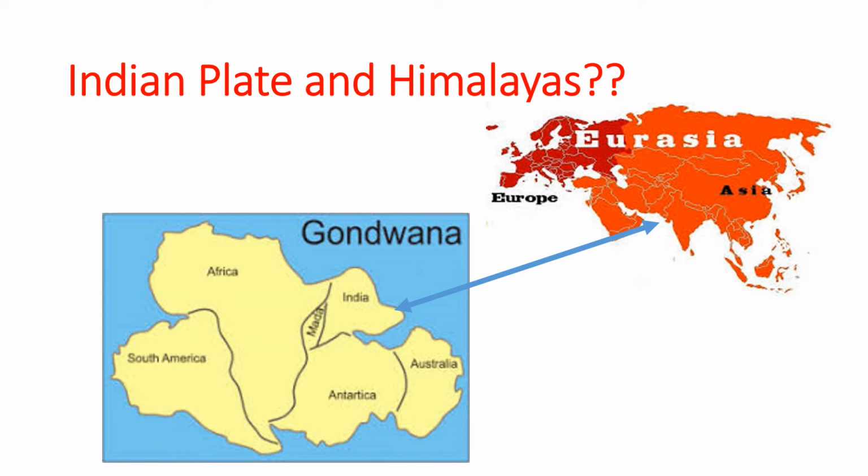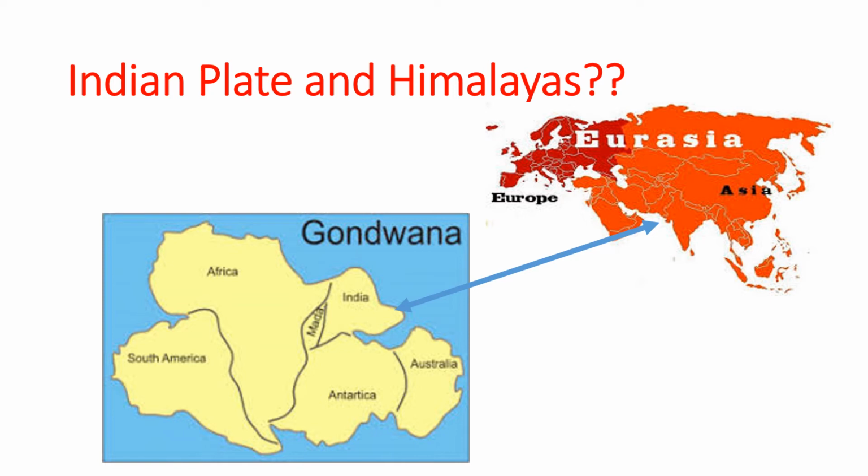When Gondwana and Eurasia were forming, 10 million years before present, that Indian plate moved from Gondwana to Eurasia, collided with the Eurasian plate, and became part of Eurasia. It became the South Asian part, which constitutes Pakistan, India, Nepal, Maldives, Bhutan, all these South Asian countries.